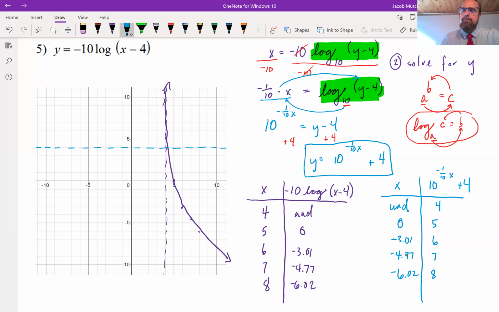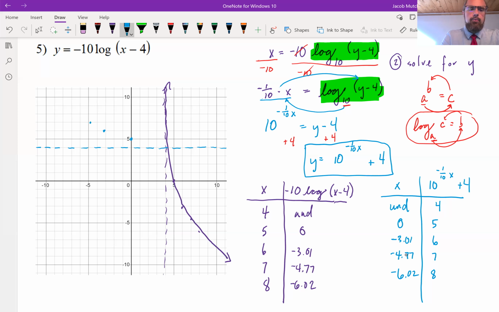And then at 0, I've got 5. At negative 3.01, I have 6. Negative 4.77 is 7.